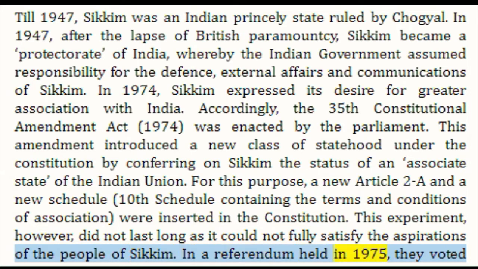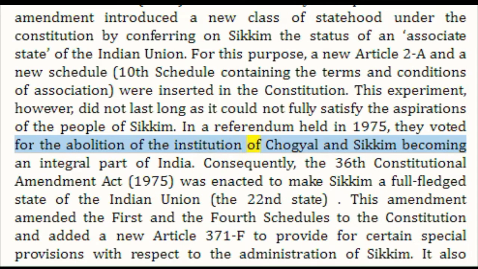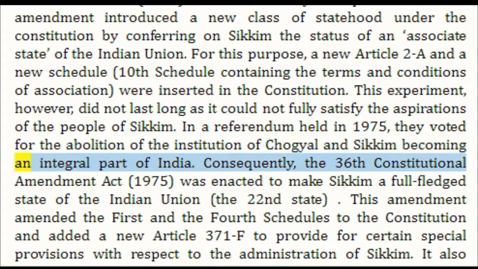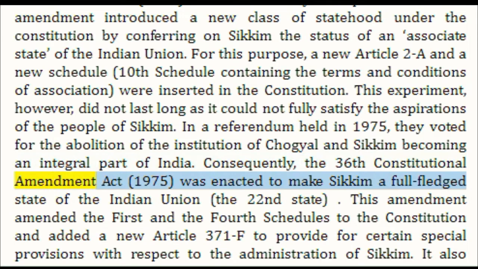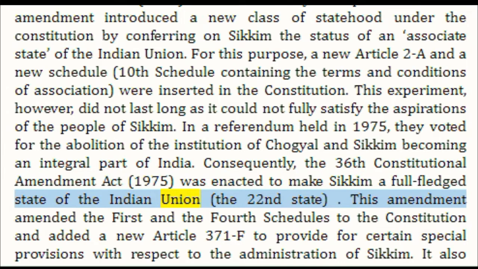In a referendum held in 1975, they voted for the abolition of the institution of Chogyal and Sikkim becoming an integral part of India. Consequently, the 36th Constitutional Amendment Act, 1975, was enacted to make Sikkim a full-fledged state of the Indian Union, the 22nd state.